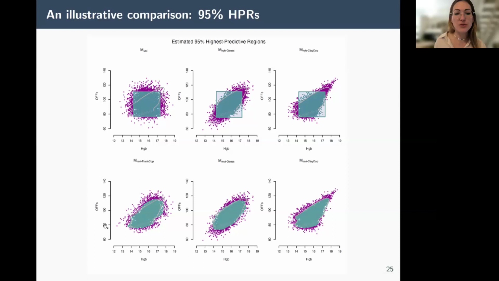The multivariate approach will represent the structure of the data in the sense that it will represent the dependency structure, and even in the case of misspecified models, for example the bottom left plots, you will see that the region is much more accurate and takes into account this dependency structure. This is only an illustrative example.